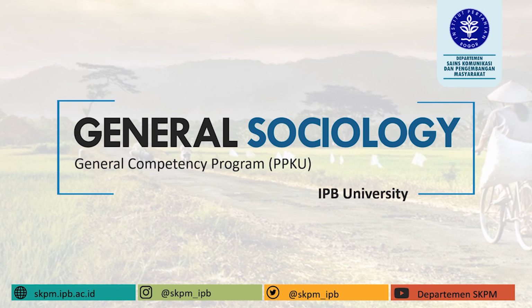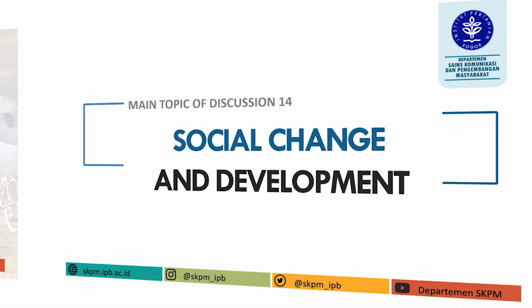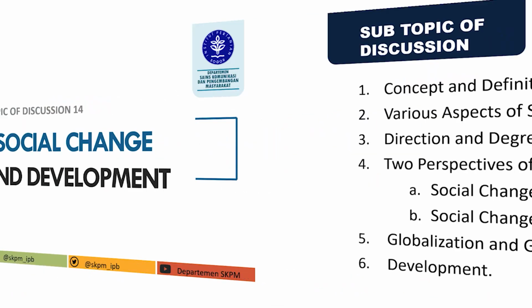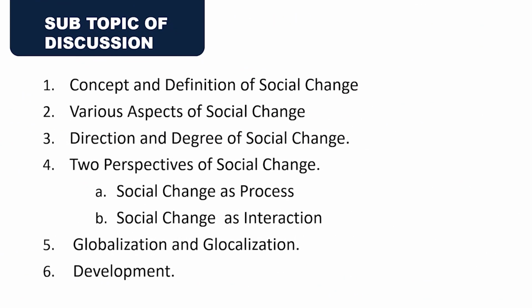To see the subject matter that we will discuss today, you can go to slide number 3. In slide 3, you can see the 6 subtopics. The first is concept and definition of social change, of course.